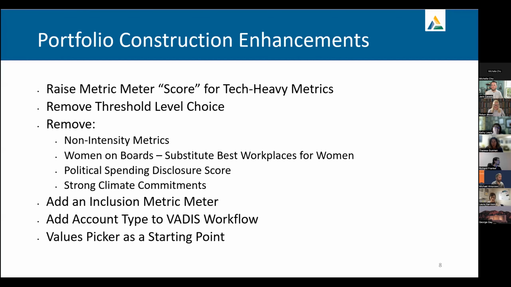We are removing non-intensity metrics. So you've probably noticed that certain metrics like loans to fossil fuel companies have both intensity metrics and metrics that do not have the word intensity in them. We only want to use intensity metrics.